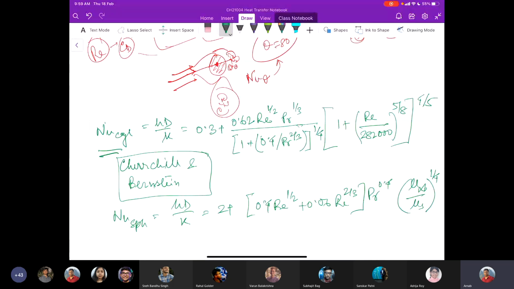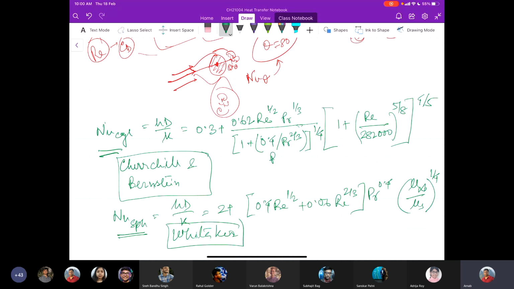These are the viscosities at the free stream and the viscosity at the surface, if there is any variation due to the temperature gradient. This has been given for the cross flow over a spherical object, by Whitaker. It has a validity region. This also has a validity region.